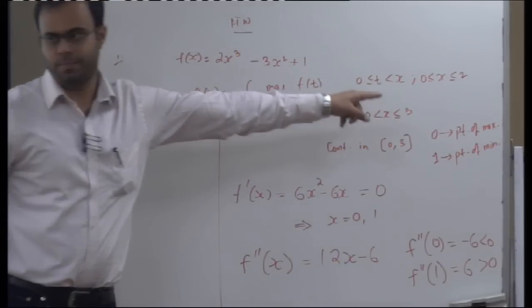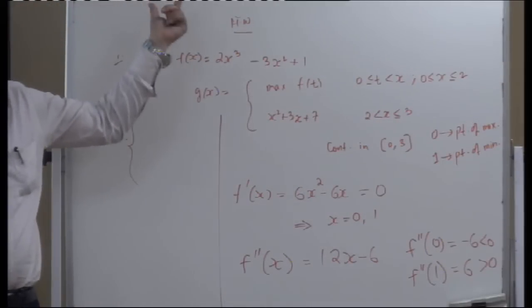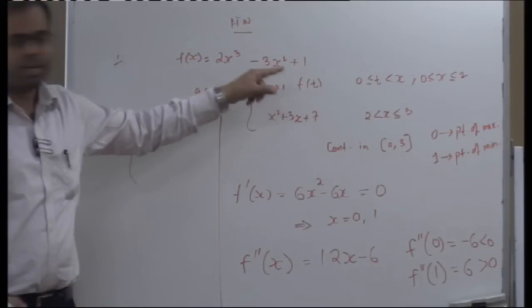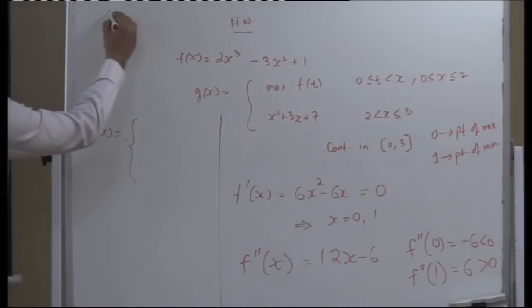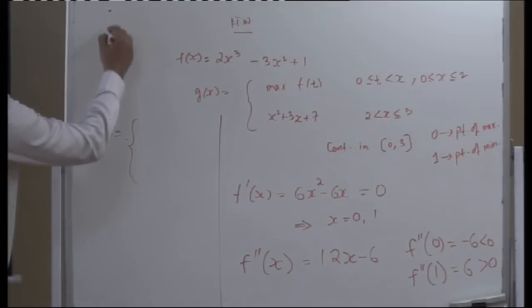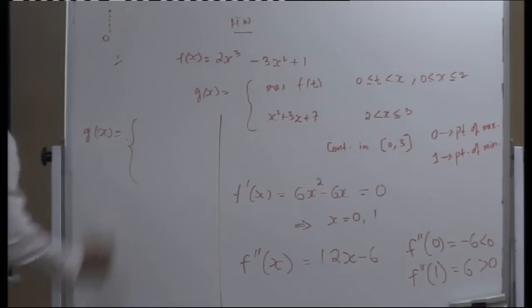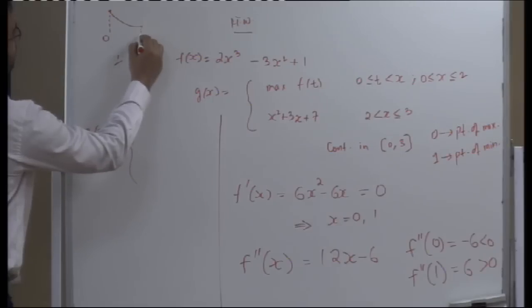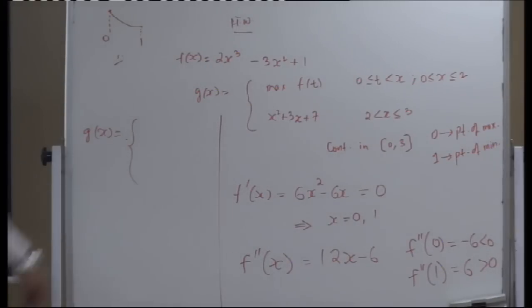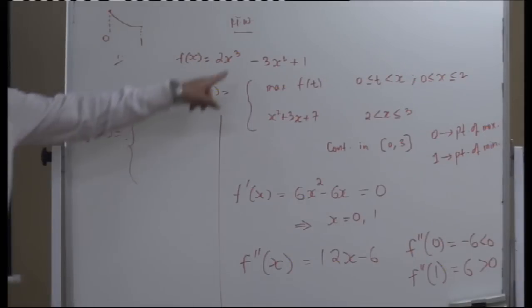0 and x. So if you remember what we studied earlier, this graph of f has its maxima at 0, then it is decreasing, and then it is coming to 1, and there the function is at minima.